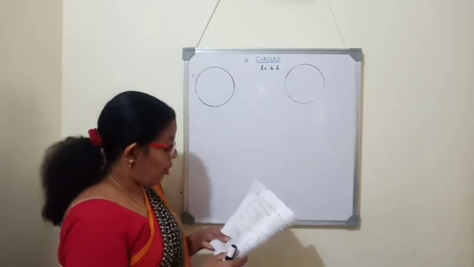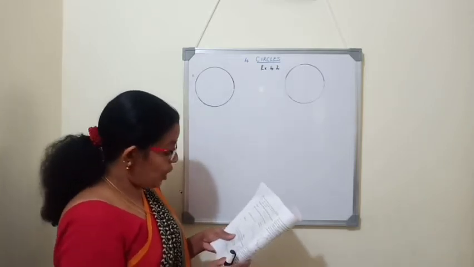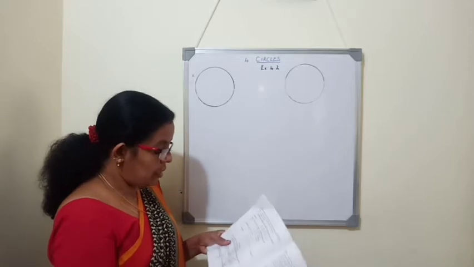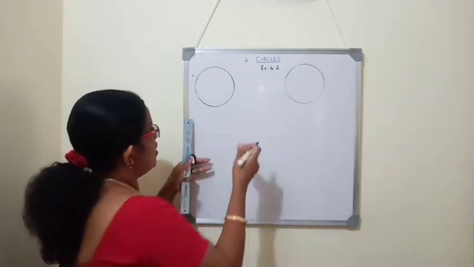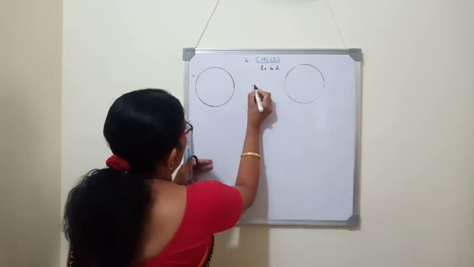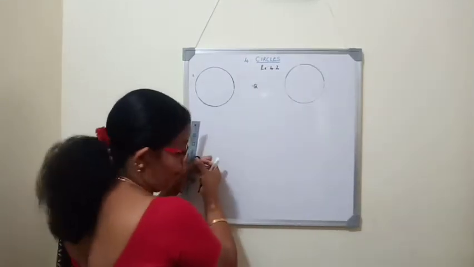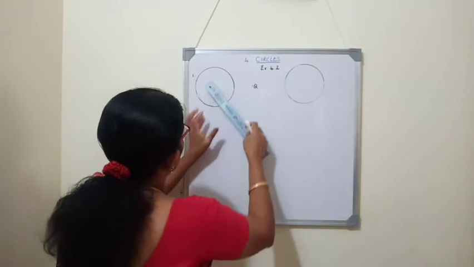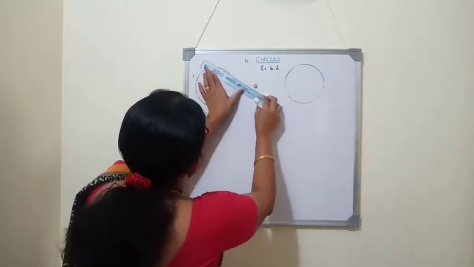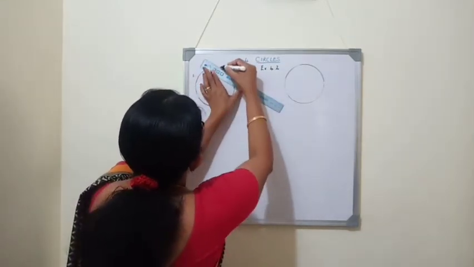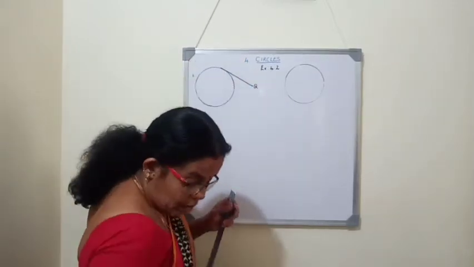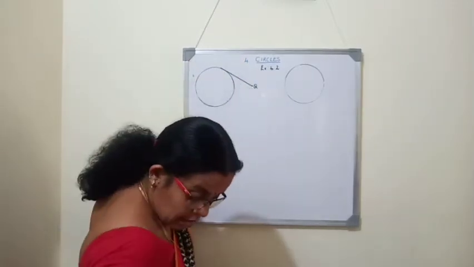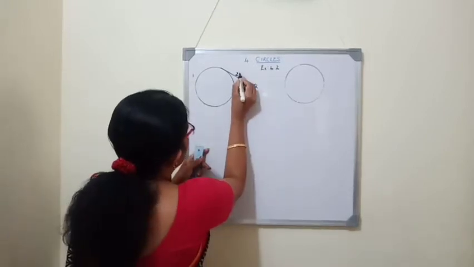So first we have to draw a circle. From a point Q, the length of the tangent is 24 centimeter. So from a point Q means Q should be the external point. So we have to draw the tangent, 24 centimeter.